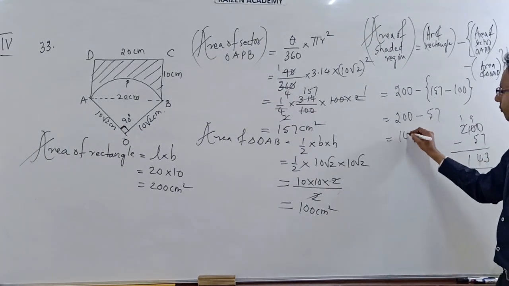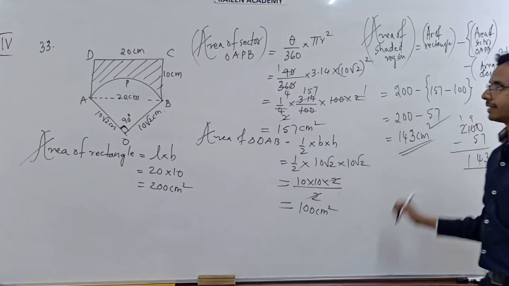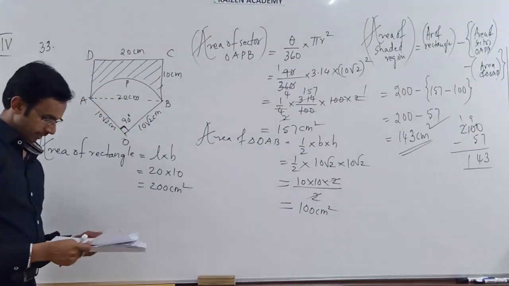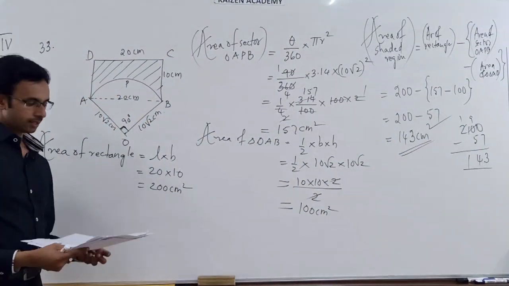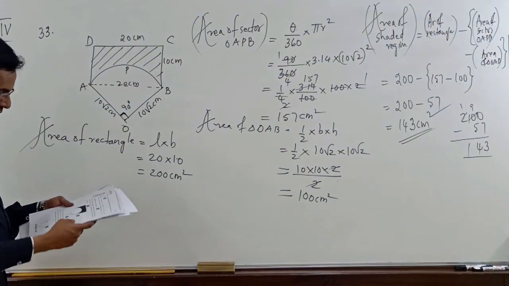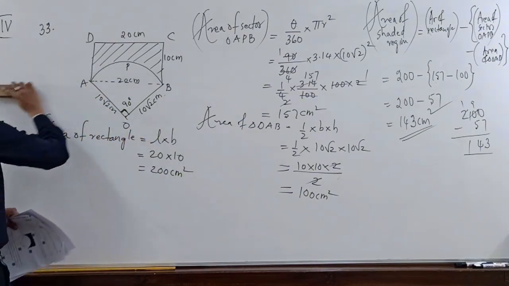So you get 143 centimeter square. So this should be your answer for area of this shaded region. Hope you have got this. Or they have given an option in question number 33 to find the area of the cloth used and the total length of the metallic wire required. So let us see that also.